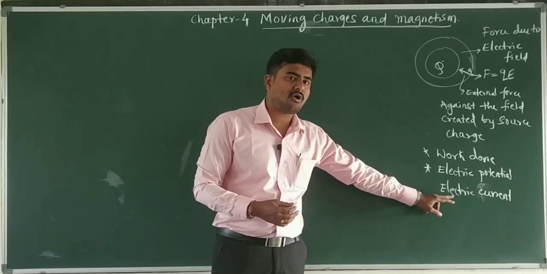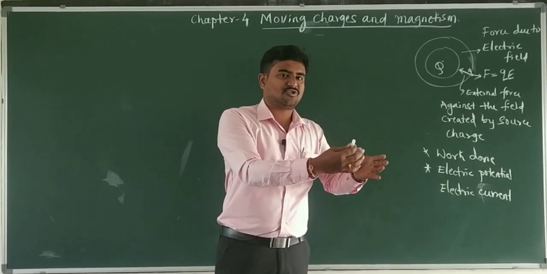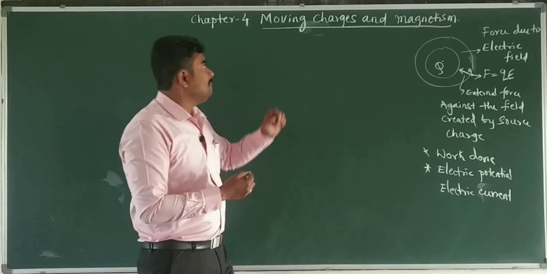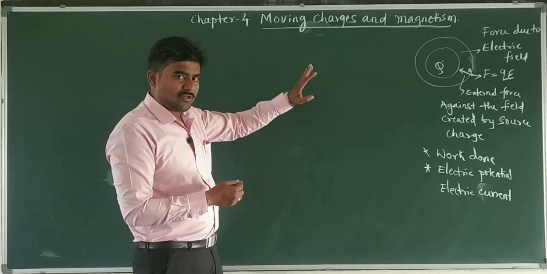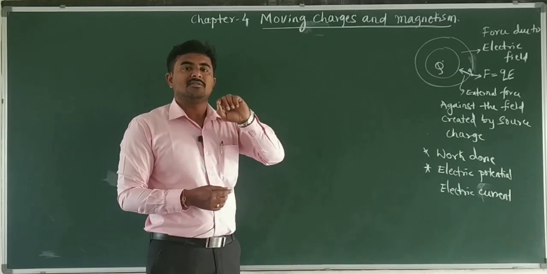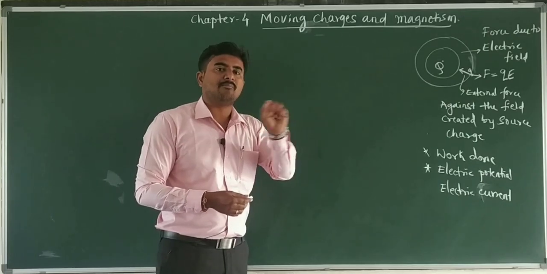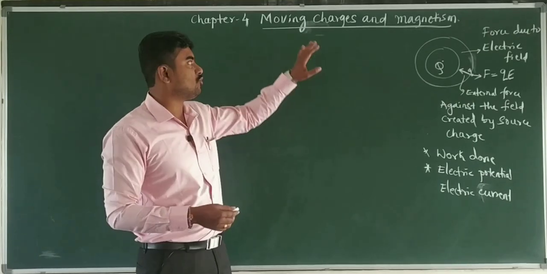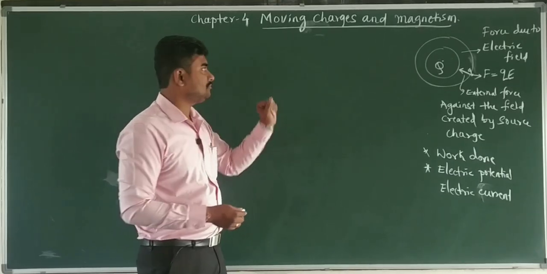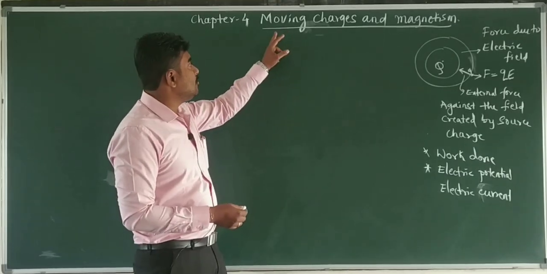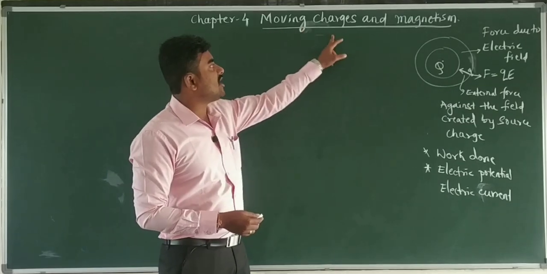In the third chapter already the charge is in motion, correct? When charge is in motion, then a moving charge in a conductor behaves like a magnet. That is what we are going to discuss. Because you can observe the title, moving charges and magnetism.